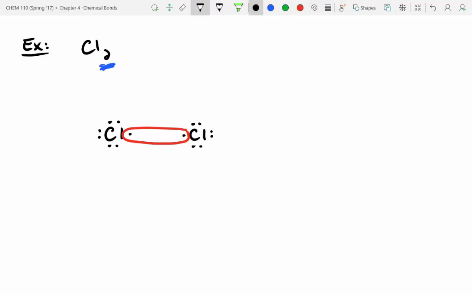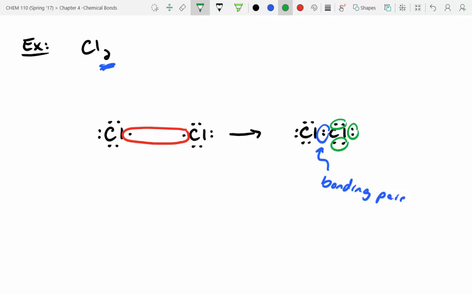So if we were to draw this, we could say those center 2 electrons are a bonding pair. They're being shared. And then out here, we've got all of these electrons that are still hanging off the chlorine.